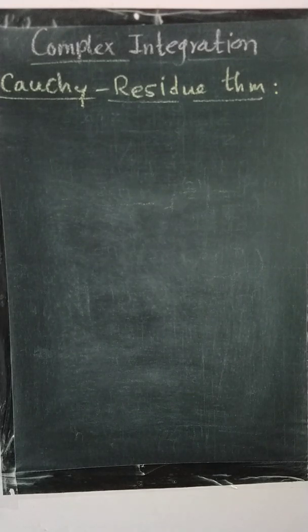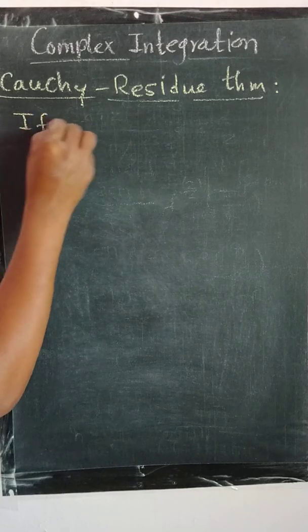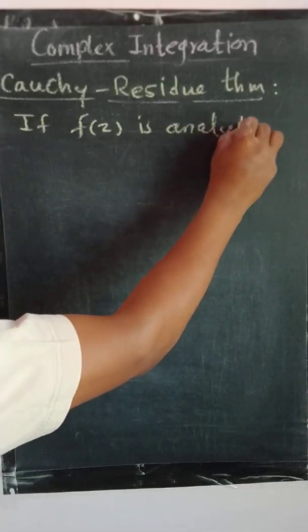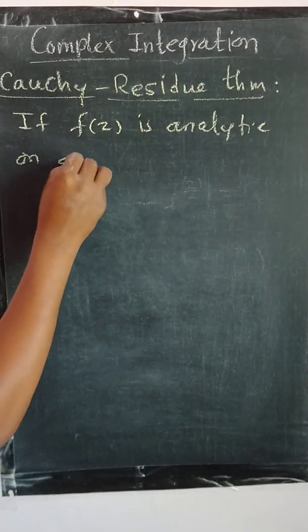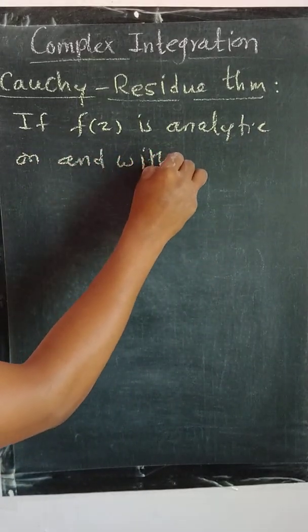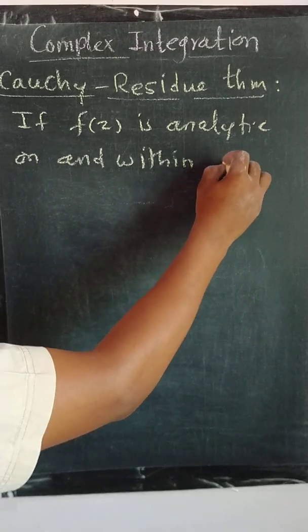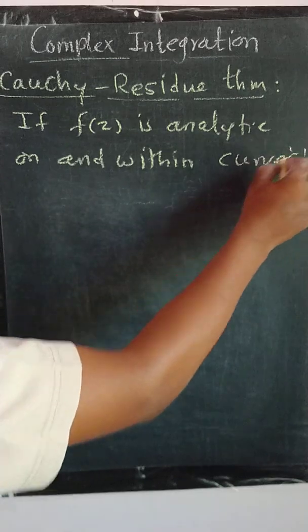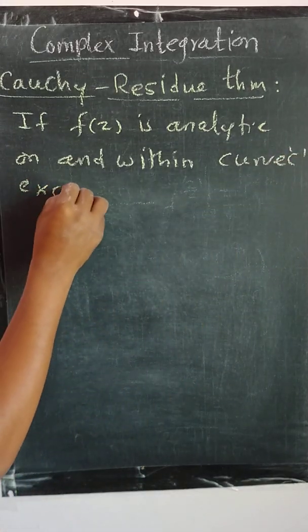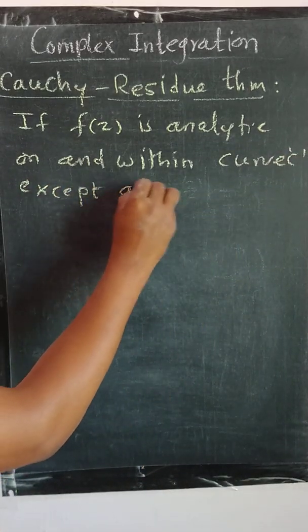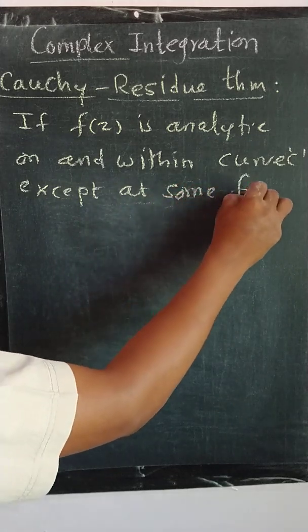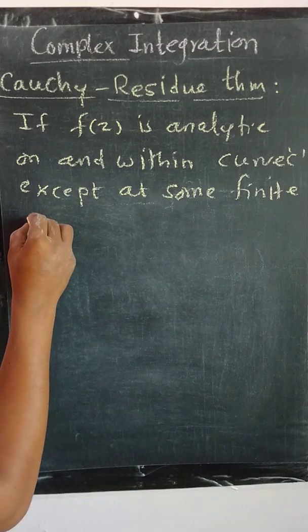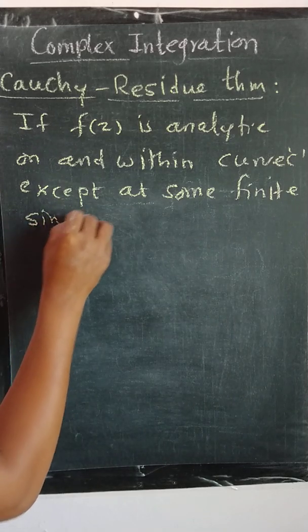It says, if function f(z) is analytic on and within a curve or contour, we can say curve C, except at some finite singularities.